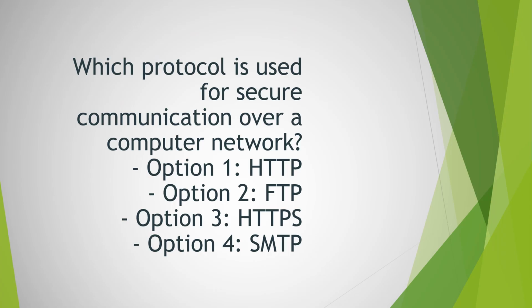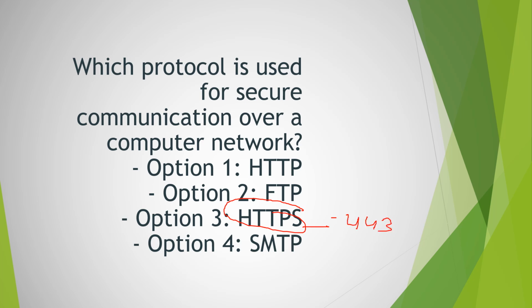Let's come to the second question. What is the protocol used for secure communication over the computer network? For secure communication we use HTTPS, the secure hypertext transfer protocol. It works on port 443, if I am not wrong.